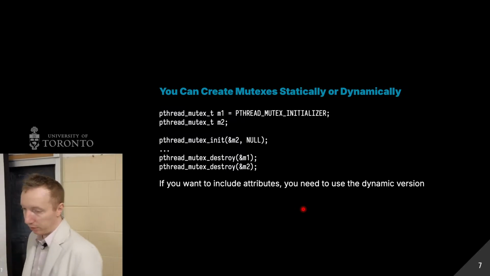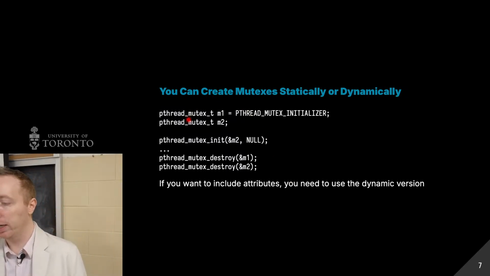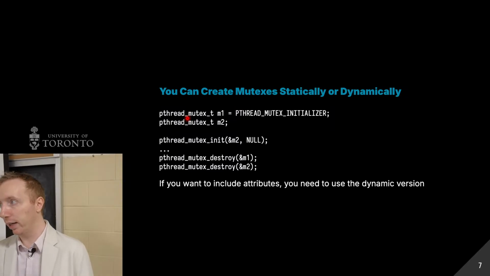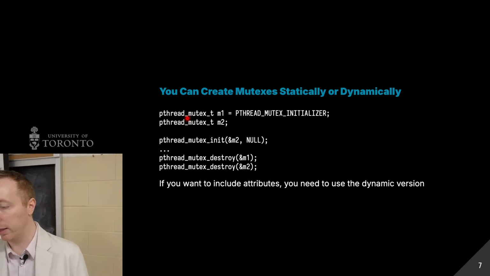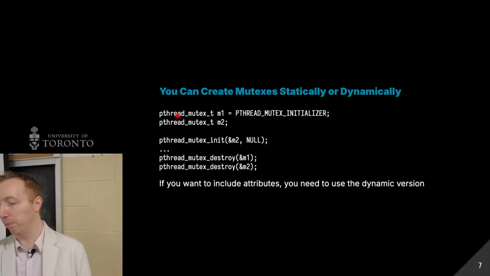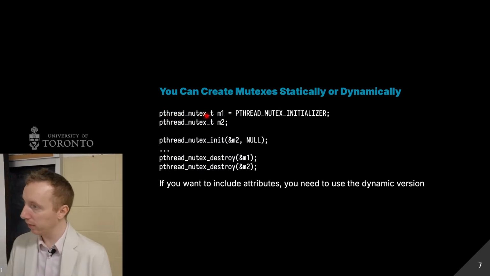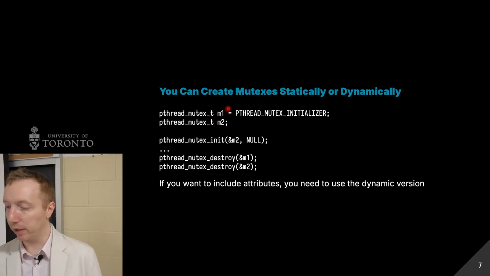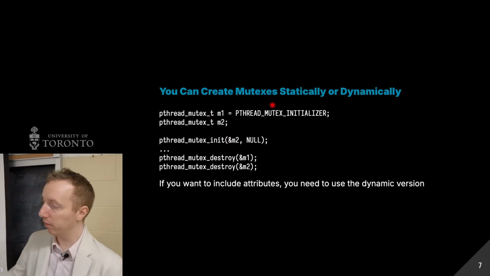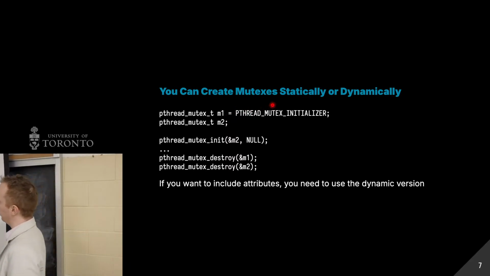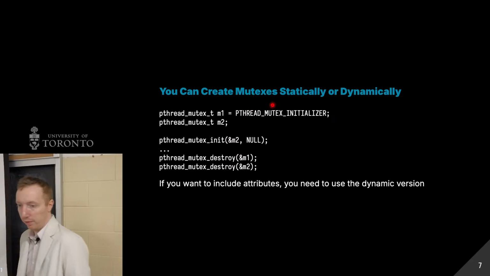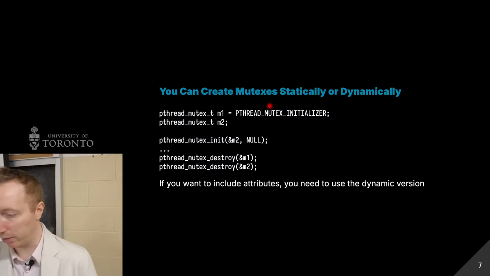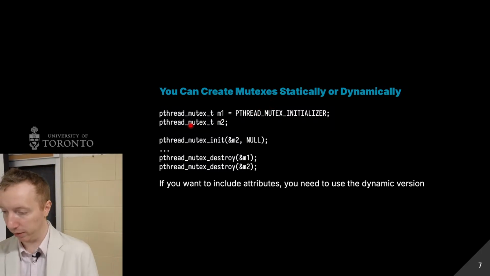They're actually part of the pthread library, and you can create them either statically as a global variable or dynamically. If you do them statically, you can declare a global of type pthread_mutex_t. That's the type for them. Give it a very, very creative name like M1, and to initialize it, you just set it equal to PTHREAD_MUTEX_INITIALIZER, which is some horrible C macro shenanigans, but it works.